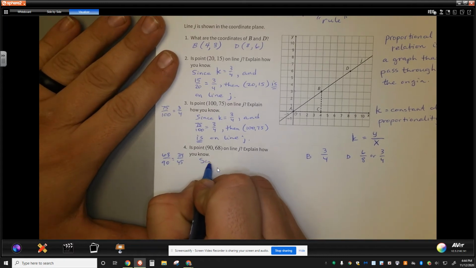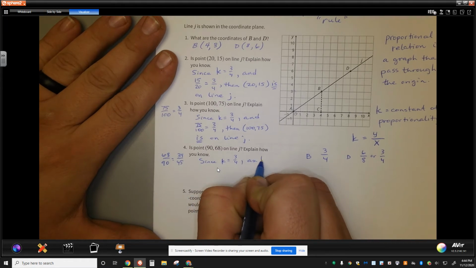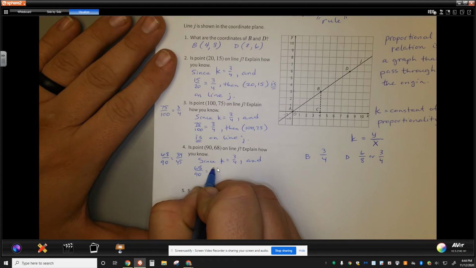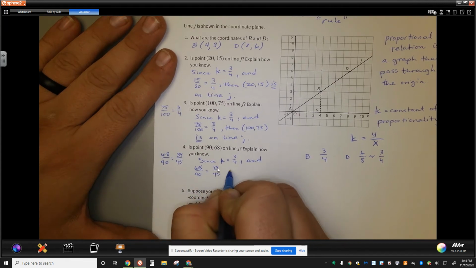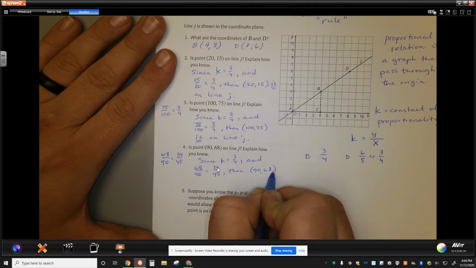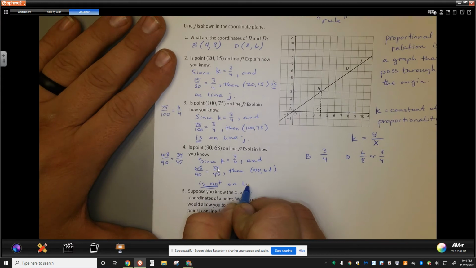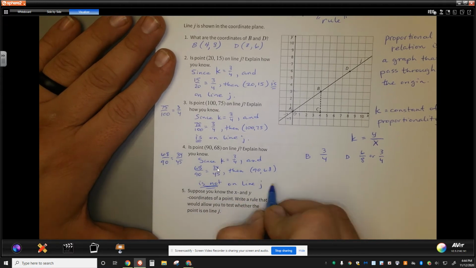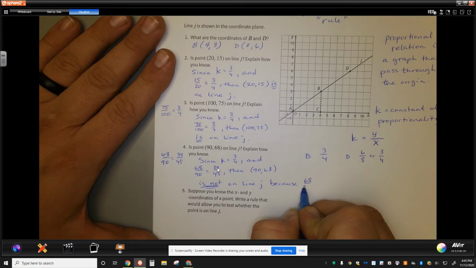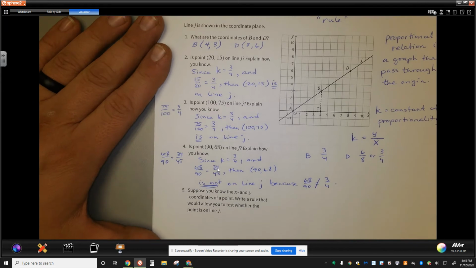So we would say this: since k is equal to 3/4 and 68/90 is equal to 34/45, then (90, 68) is not on line J, because 68/90 does not equal 3/4.